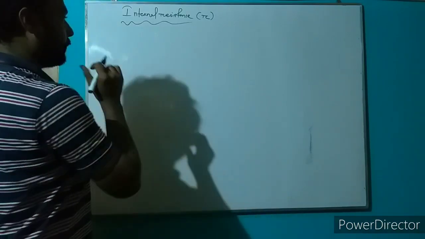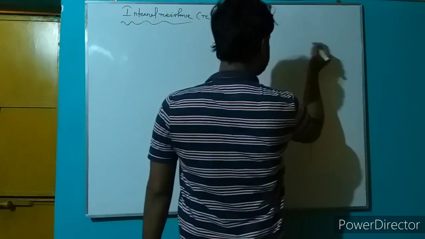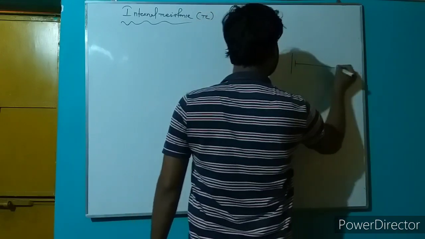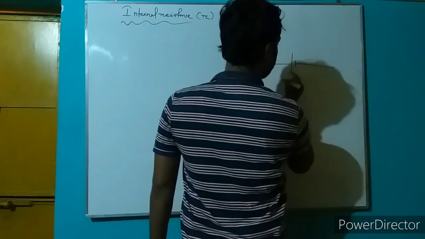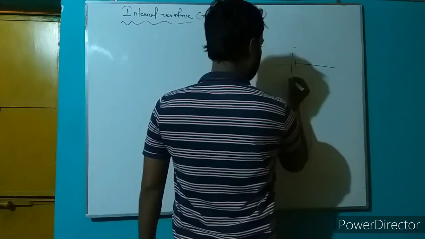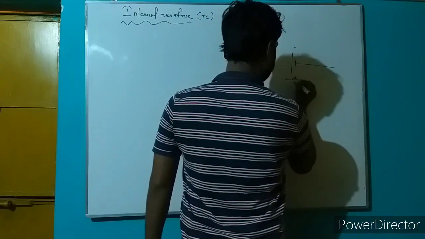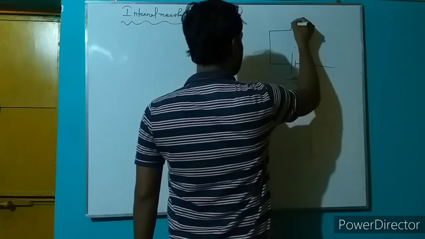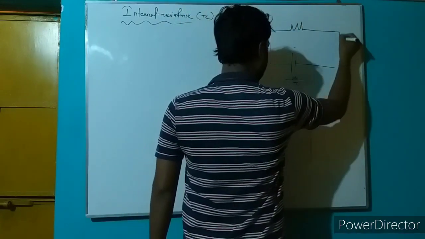So this is the diagram while we calculate the internal resistance of the cell. That is the cell; inside the cell there is an internal resistance, and the two ends of the cell are connected to an external resistance by wire.